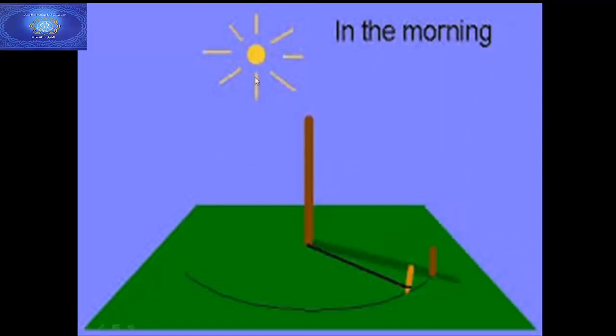In the morning the sun shines, and with the shadow stick or sundial, we can see the shadow position and the shadow length.